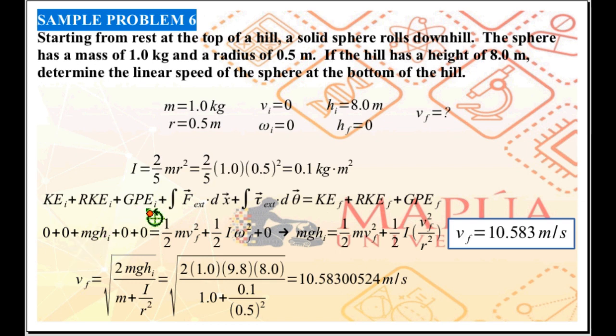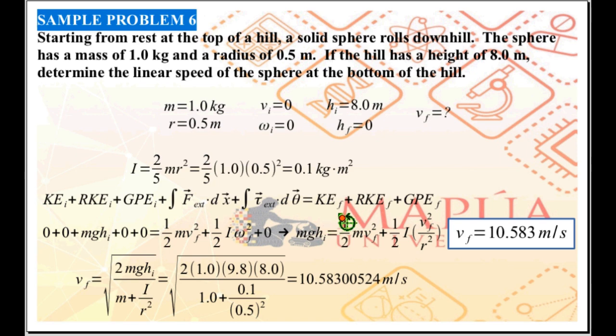Initial gravitational potential energy is mgh initial. There are no external forces acting on the object that can affect the motion of the object. The same goes for torque. Therefore, work done by external force is 0, and work done by external torque is also 0.